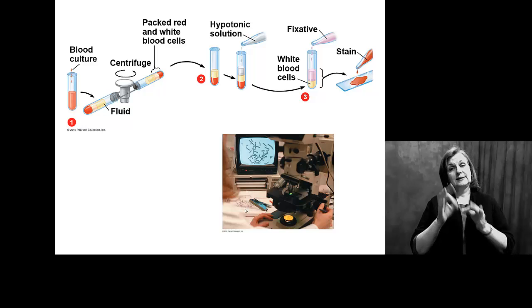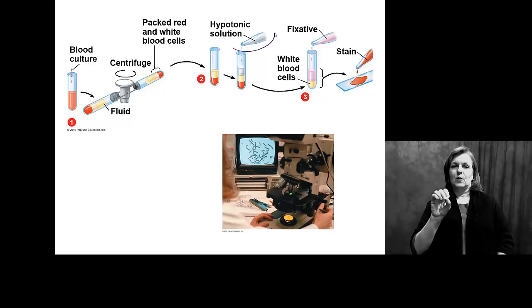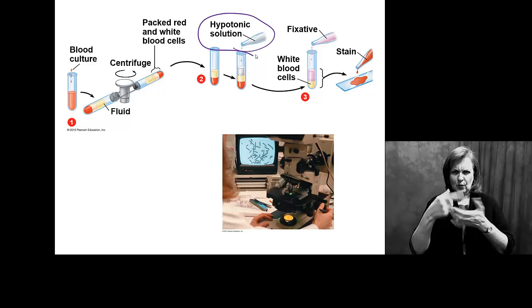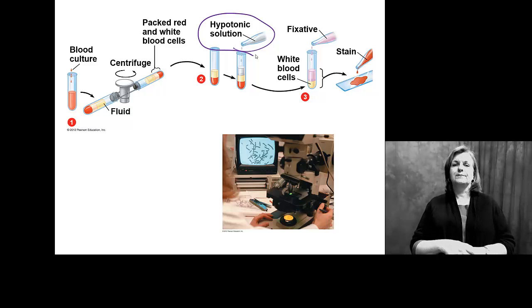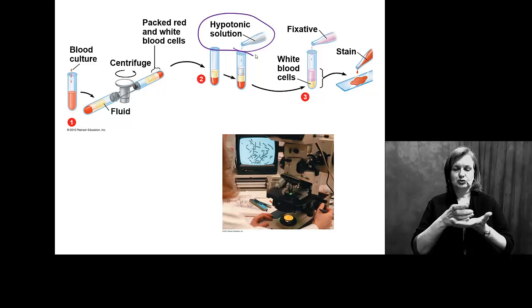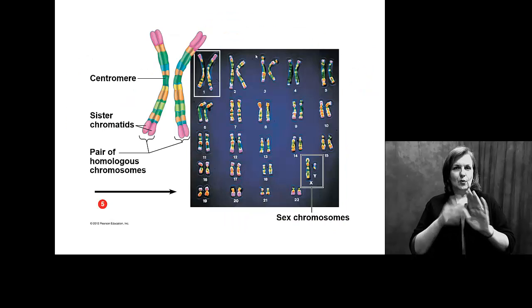To do this, it's very, very simple actually. All you need is a blood sample, and you put the blood cells into a hypotonic solution. Do you remember what that meant? You should. And then we look at essentially freezing the cells or doing kind of a still animation of these cells, and you can get a picture of the chromosomes that looks like this.